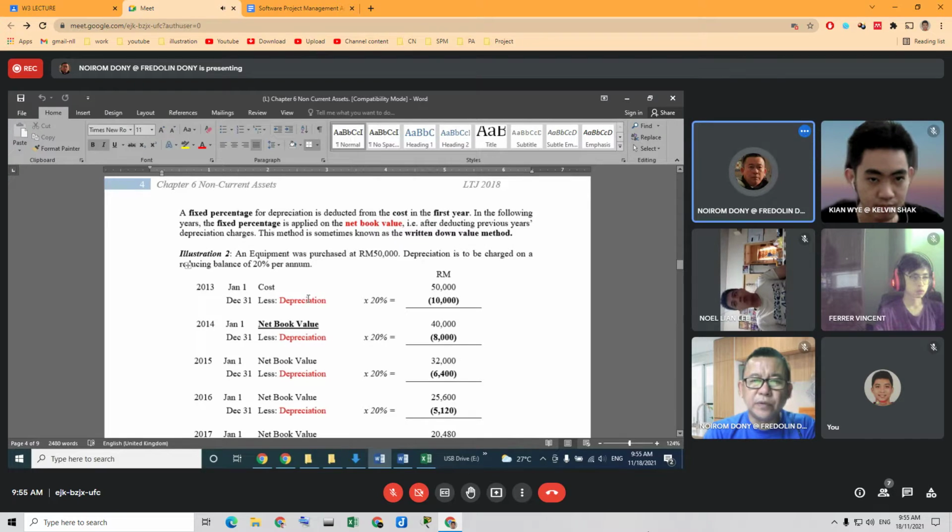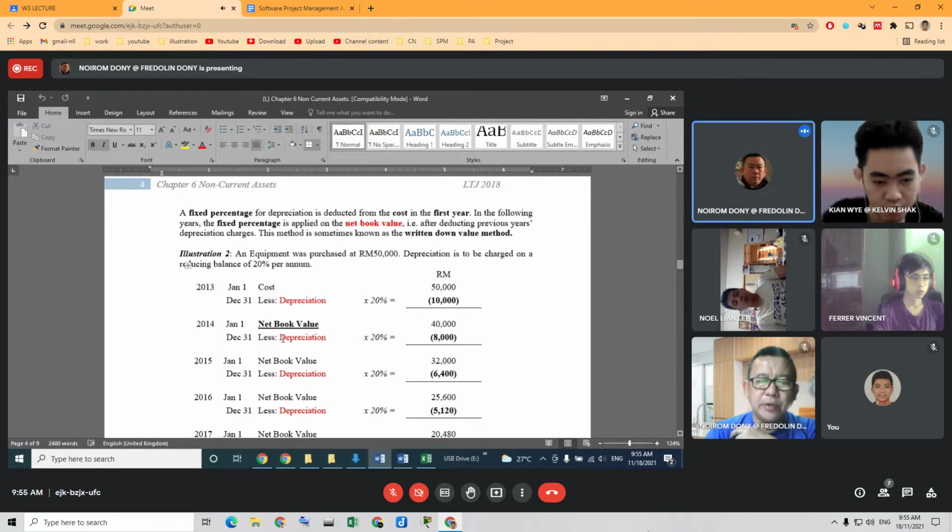This is the first year, so you put 50,000 here. 50,000 times 20% is 10,000. So 50,000 minus 10,000, 40,000. This is the net book value on January the 1st, 2014. On December 31st, we provide depreciation again.